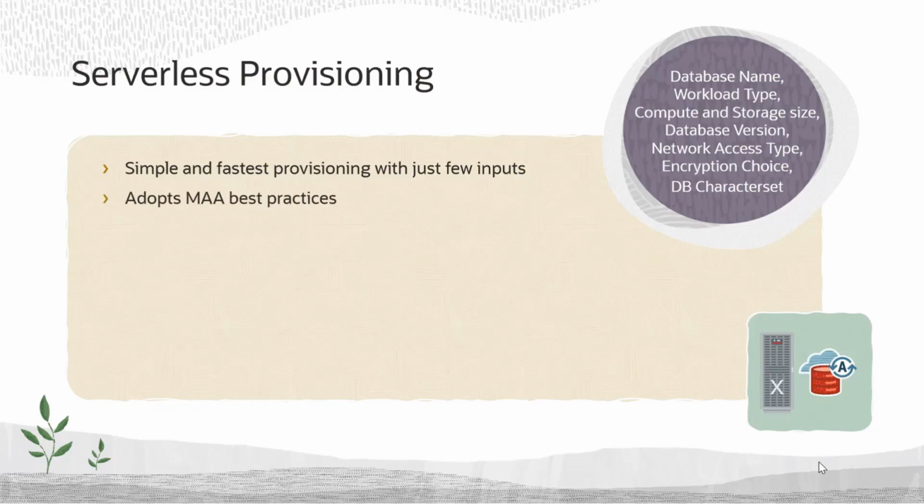The database adopts Oracle Maximum Availability Architecture best practices to keep your database always available. The always-on encryption of your data is pre-configured, and the data, whether it is at rest or in motion, is always encrypted. The database ensures highest availability with an SLA of 99.95%.